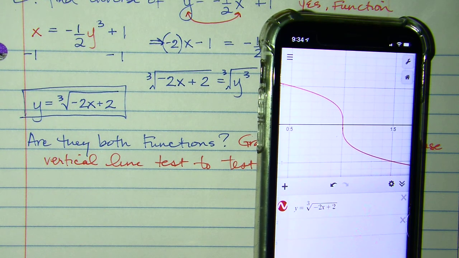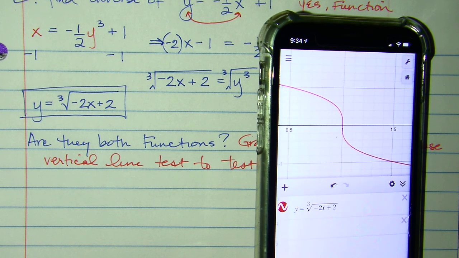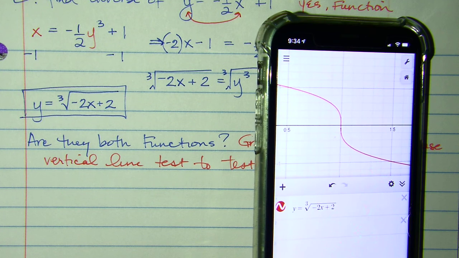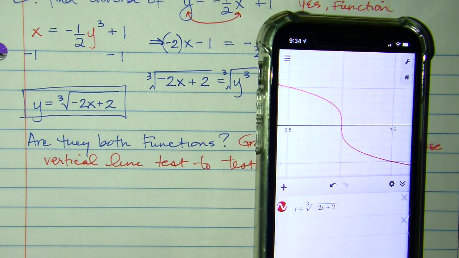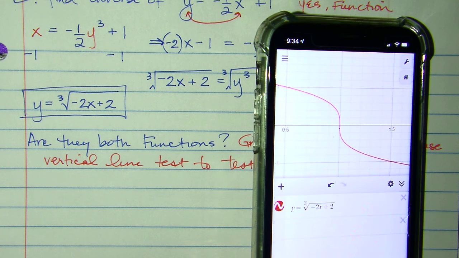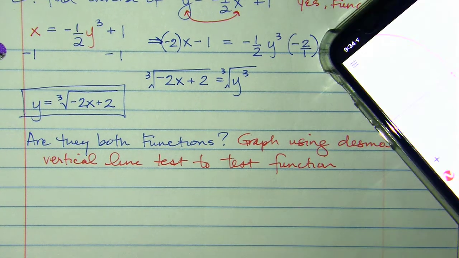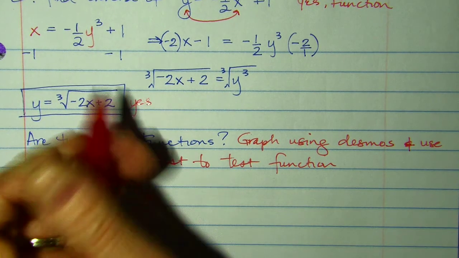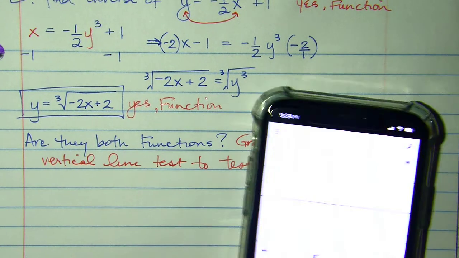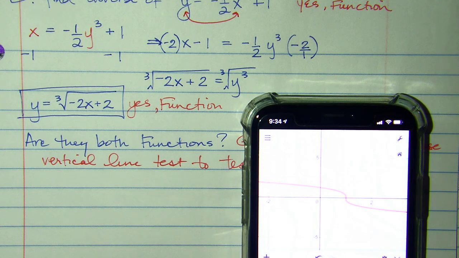I believe the only place it wouldn't be a function, and I'm checking in my head because -2 times 1 is 1, cube root of 1 is 1. It is a function, so yes. It looks like it wouldn't be because there's a straight line, but if you keep zooming, it has different points.